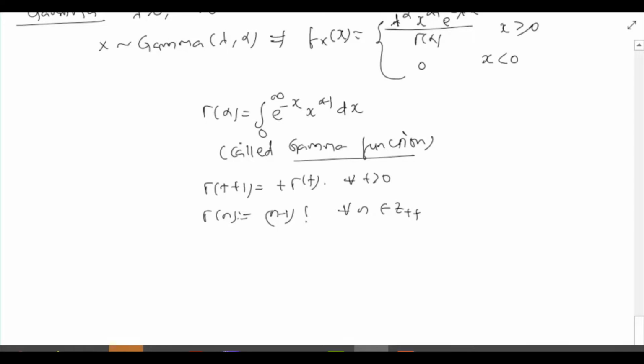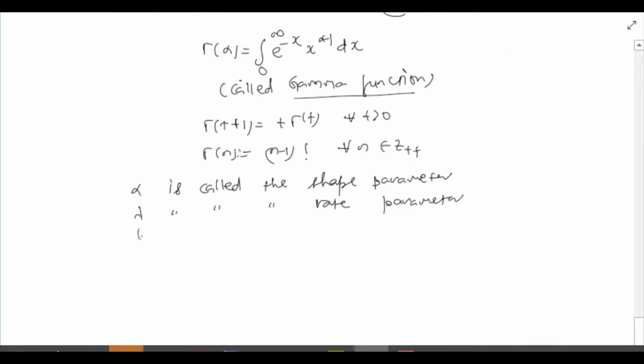In the context of the gamma distribution, the constant alpha is called the shape parameter. The parameter lambda is called the rate parameter. And often 1 over lambda is referred to as the scale parameter.